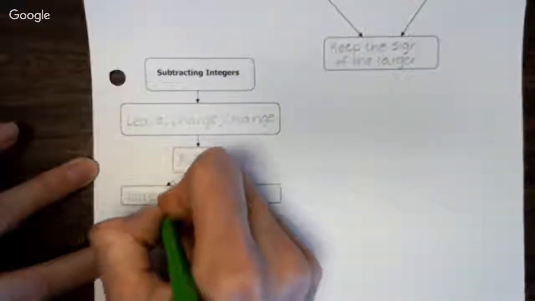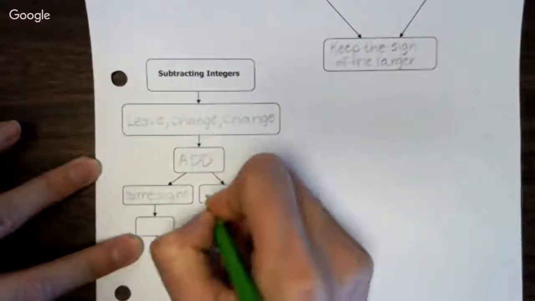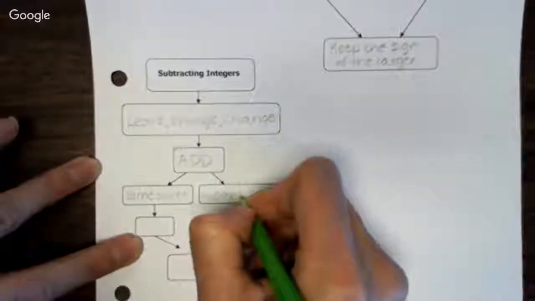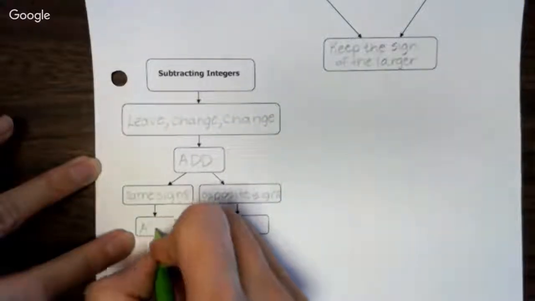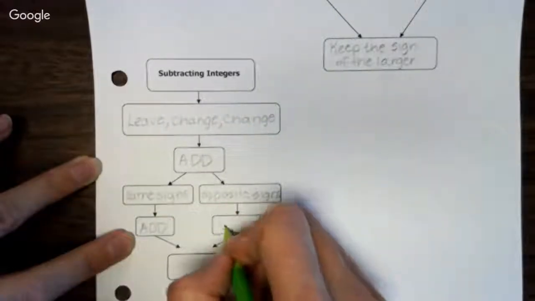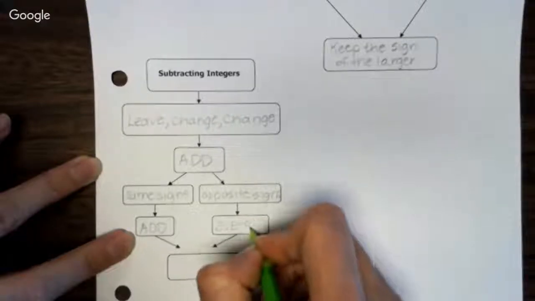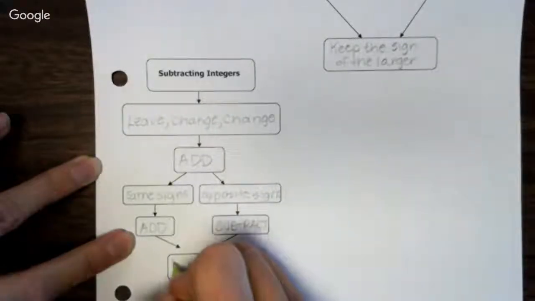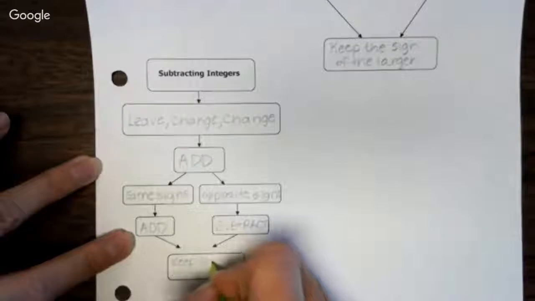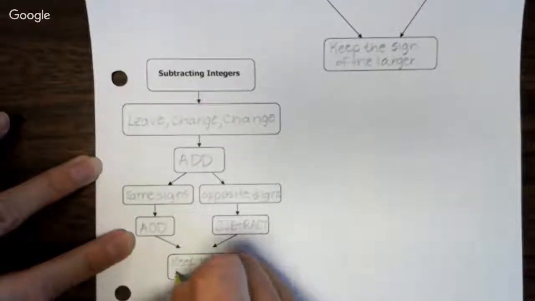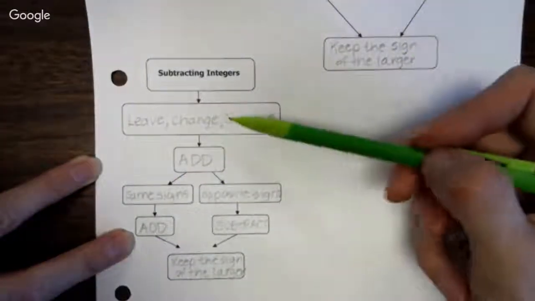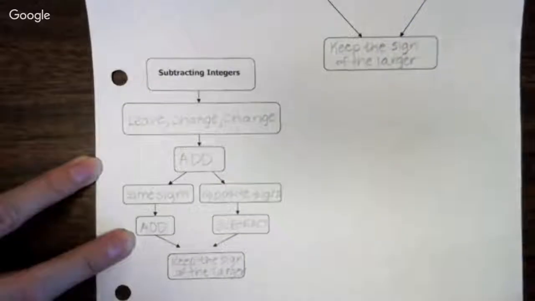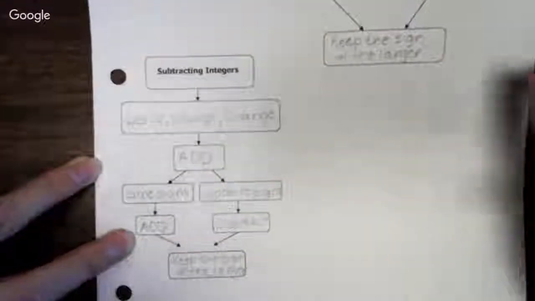We have same signs. We have opposite signs. If they're the same signs, you're going to add them together. Opposite signs, you're going to subtract them. And in both cases, you're going to keep the sign of the larger. Once again, notice that this is the same thing as adding because once you do leave, change, change, that's what you're doing to the 2 numbers.